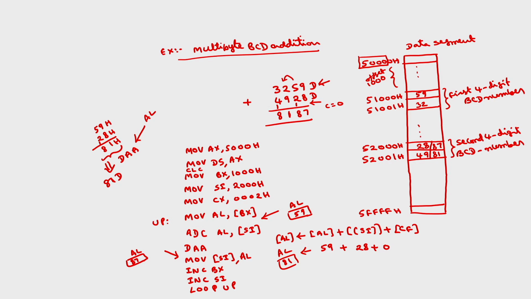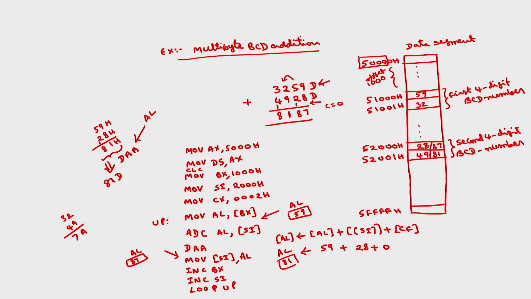After this INC BX, now AL is loaded with 32 and the contents of SI become 49. These two will be added and the result is stored in AL. Adding 32 plus 49 plus the carry 81H will be A7.